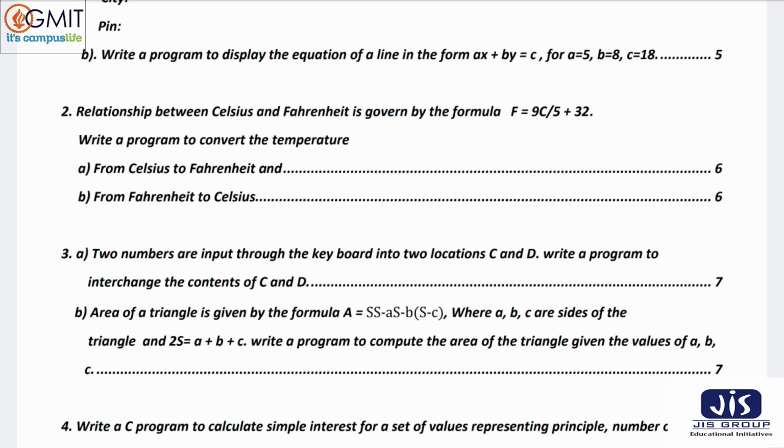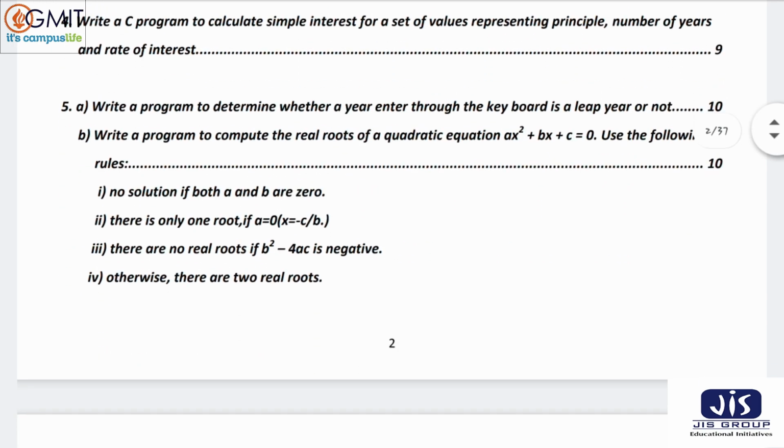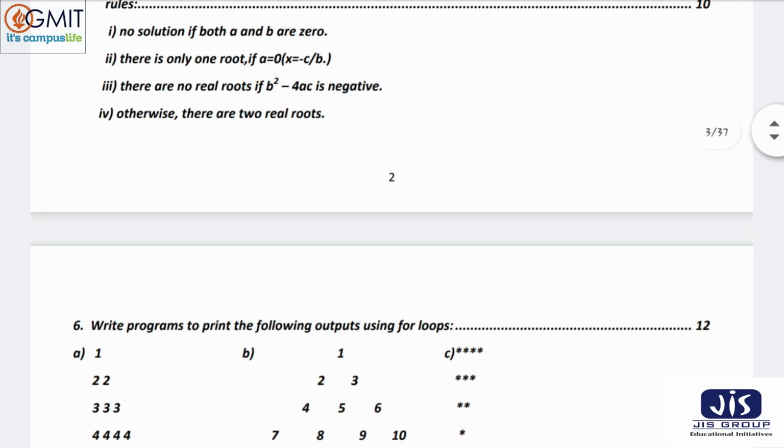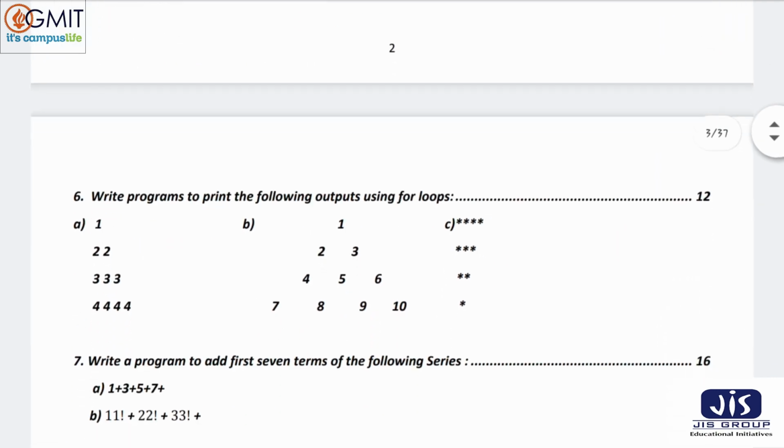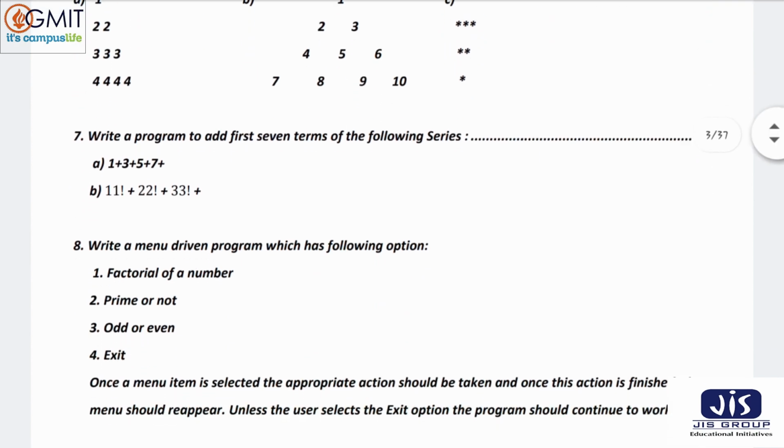Area of a triangle, we have also done it. Calculate the simple interest, we have also done it. Whether the entry is a leap year or not. Okay. And here are some patterns you can see. Factorial of a number, addition of factorial, or prime or not, odd or even.